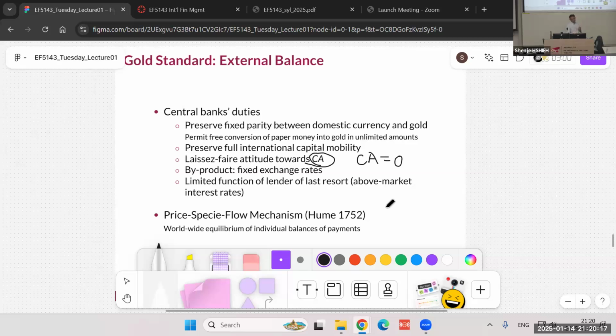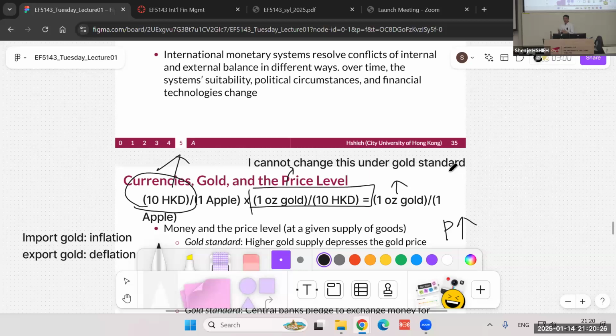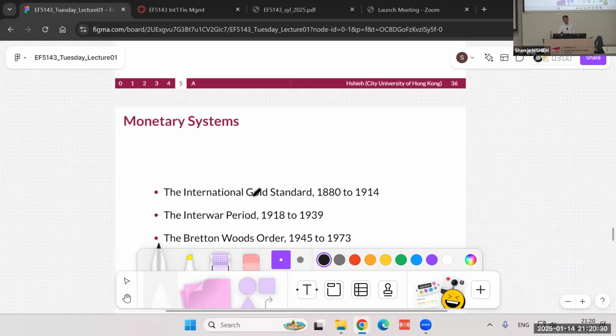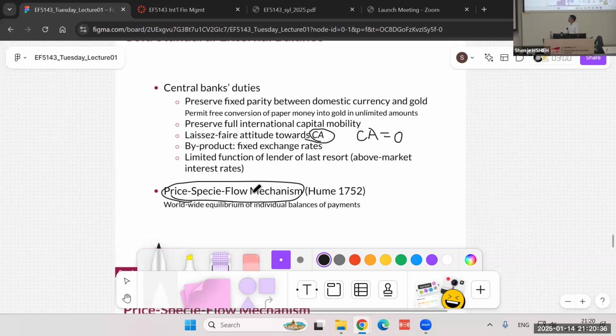Okay. If that's the case, I will show you based on this logic that in the example I gave you here, there is a counter effect that cancels out this inflationary effect. Central bank, again, no monetary policy.